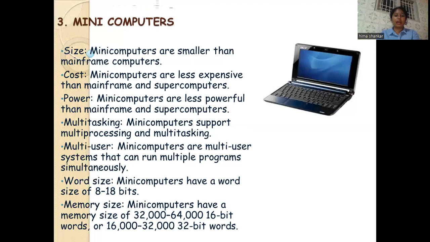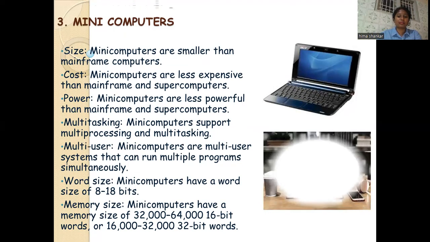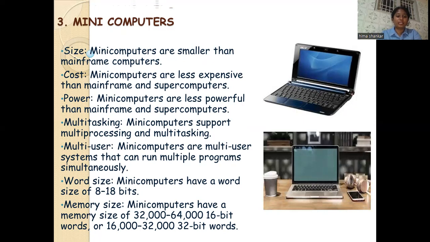Minicomputers are multi-user systems that can run multiple programs simultaneously. Word size. Minicomputers have a word size of 8 to 16 bits. Memory size. Minicomputers have a memory size of 16,000 to 32,000 words, that is 32-bit words.